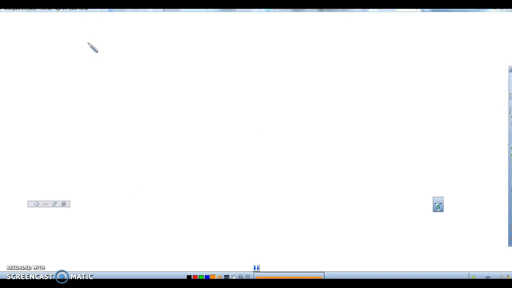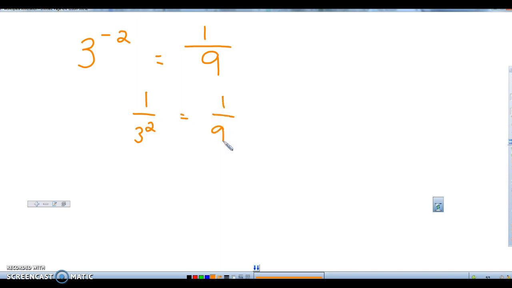The other thing that we've talked about before with negatives in exponents is when the exponent itself is negative. Okay, so we know that 3 squared is 9. But when that exponent is negative, I'm going to move my number to the denominator. And so I will have 1 over 9. Another way to think about this is 1 over 3 squared, because when I move it to the denominator, it becomes a positive exponent. And 1 over 3 squared is 1/9.